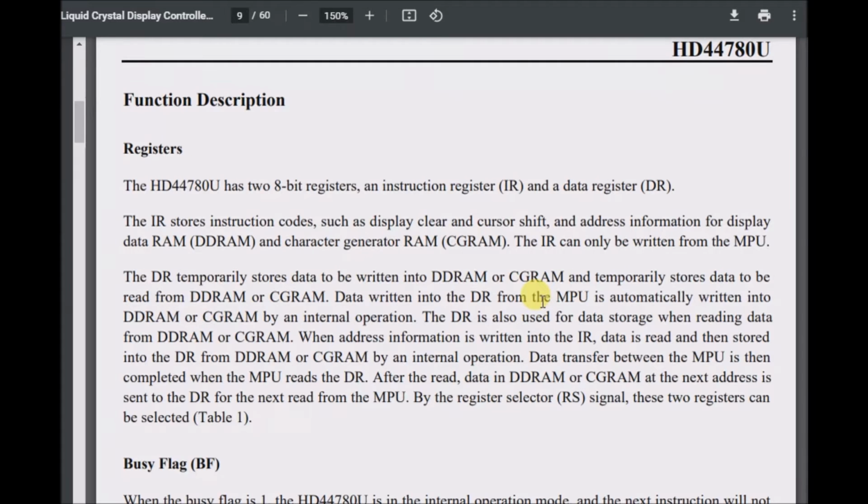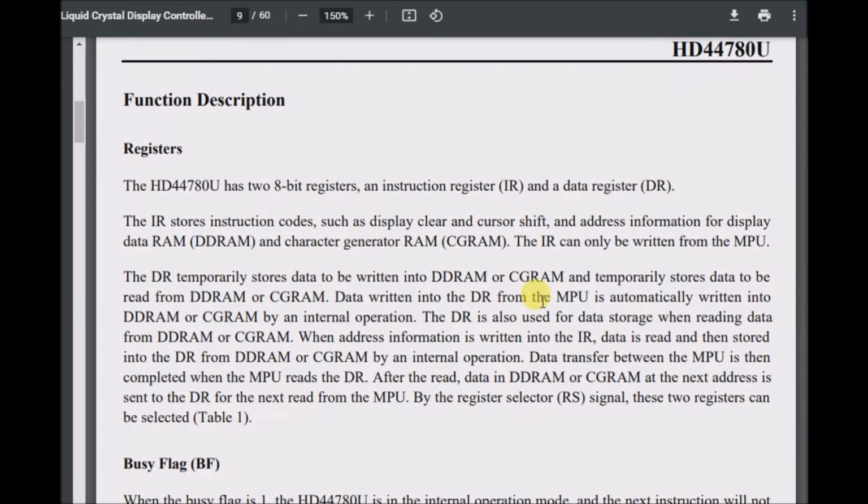The DR temporarily stores data to be written into DD-RAM or CG-RAM, and temporarily stores data to be read from DD-RAM or CG-RAM. Data written into the DR from the MPU is automatically written into the DD-RAM or CG-RAM by an internal operation.